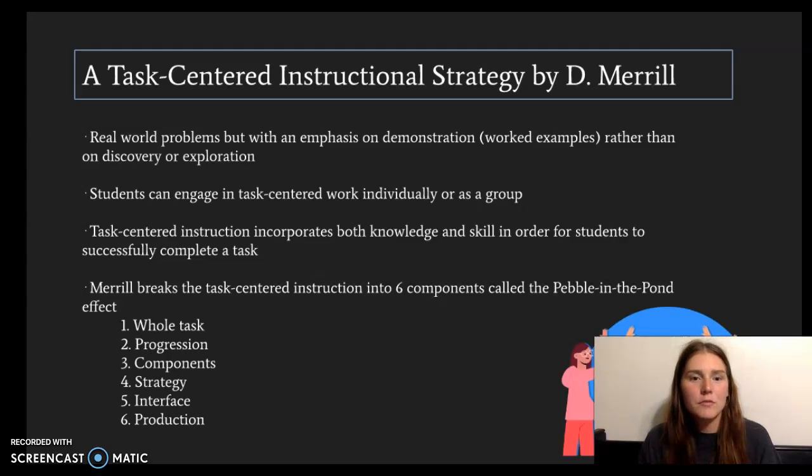The last article that I read was called A Task-Centered Instructional Strategy, also by Merrill. For this, he says that real-world problems should be obviously involved in the classroom, but with an emphasis on demonstration or examples, rather than on discovery or exploration.